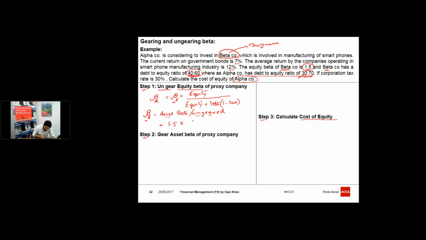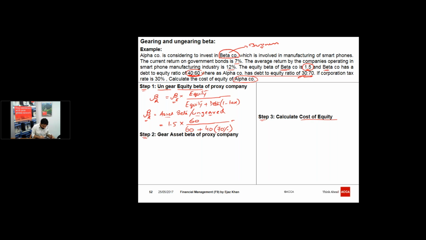So 60 is equity, so we'll write 60 in the numerator, then we'll divide it by 60 plus 40. But 40 should be after tax. Tax is 30%, so we'll have to remove 30%. That is, we'll write 70%. So we'll take 70% of 40.